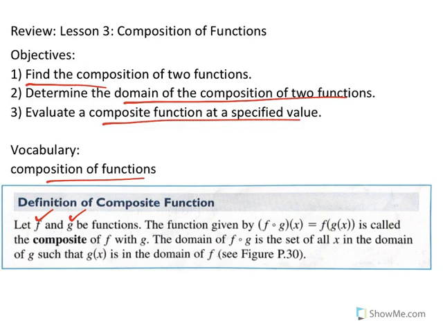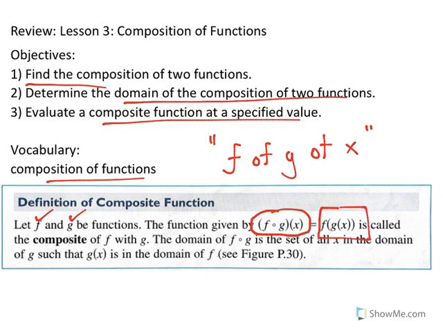The function given by f of g of x, you read this, f of g of x. That's how you read that. This is the composite of f with g.